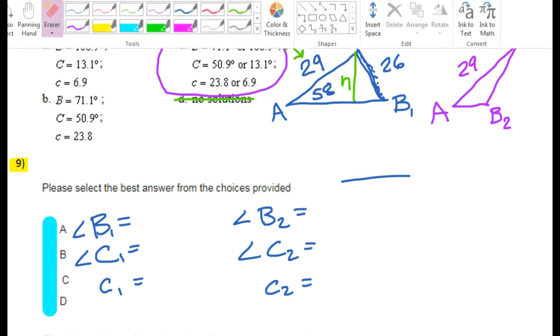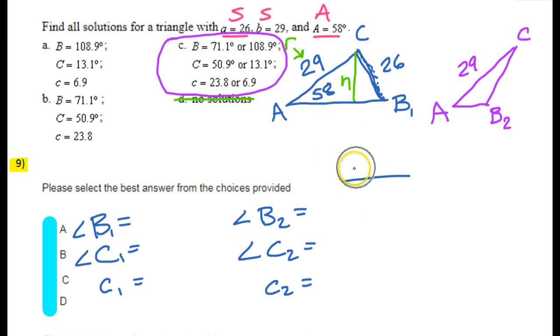Let me try that again. This is the angle, so I do sine of 58 over the opposite side, which is 26. Now I'm going after angle B, so I'm going to say sine of angle B1 over the opposite side, which is 29.